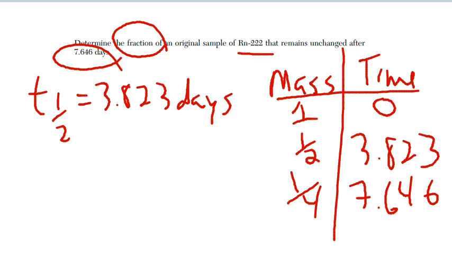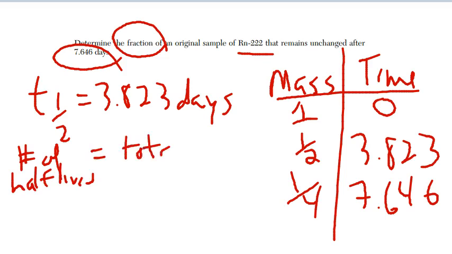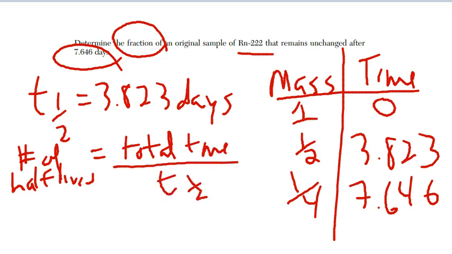Another way that you could look at this is that the number of half-lives is equal to the total time over T1/2, or the half-life. So 7.646 divided by 3.823 would be 2 half-lives.